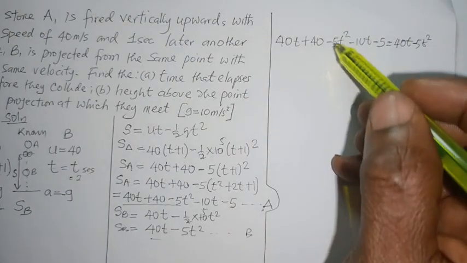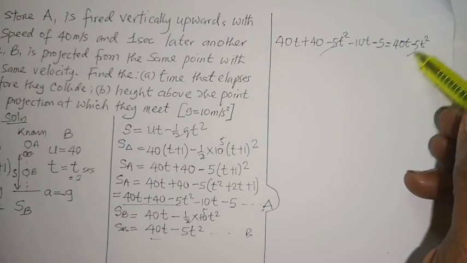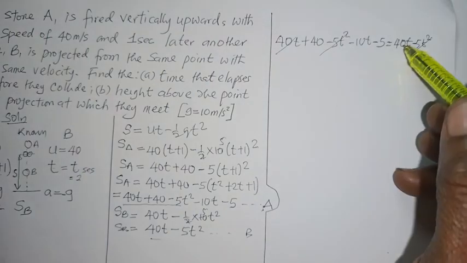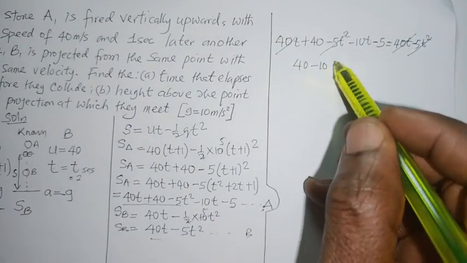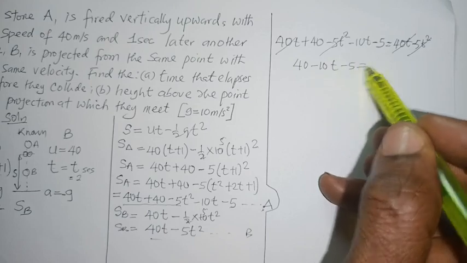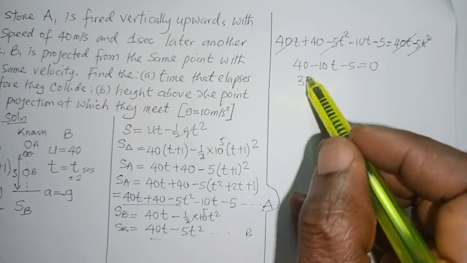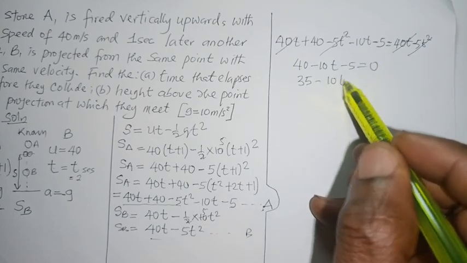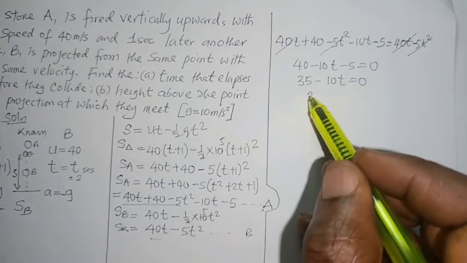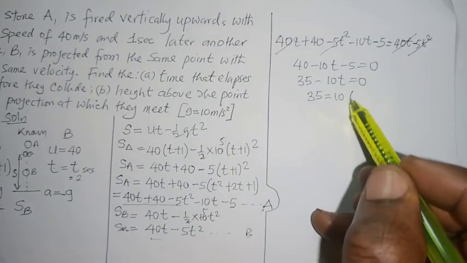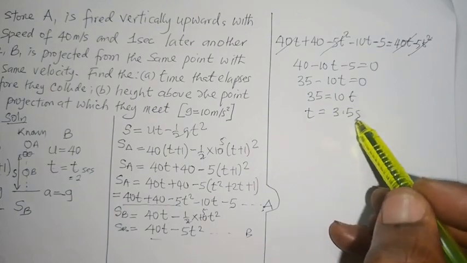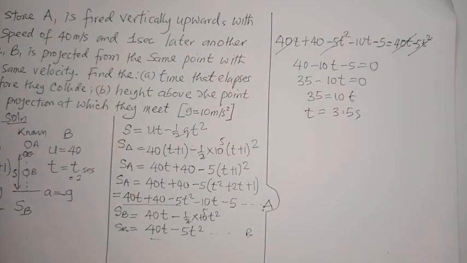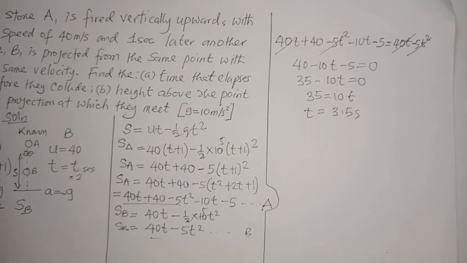You can see that minus 5t squared plus 5t squared is gone, 40t minus 40t is gone, and what is left here is 40 minus 10t minus 5 equals 0. That gives you 35 minus 10t equals 0. So 35 equals 10t, and therefore t is 35 divided by 10, 3.5 seconds. So it means that the two stones collide after 3.5 seconds.